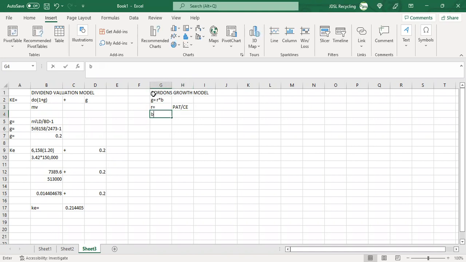And we have B, which is your earnings retention, and your earnings retention is your earnings minus dividend, divided by earnings. Are we together, please?